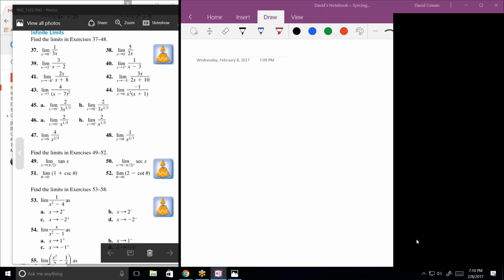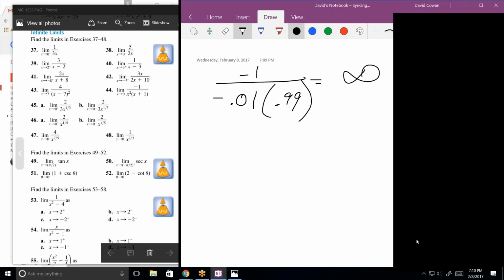In other words, if I plug in minus 0.01, let's do that. We got minus 1 divided by minus 0.01, that's approaching it from the left, times 0.99. Well, that looks like it goes to positive infinity. In other words, the negative signs cancel.